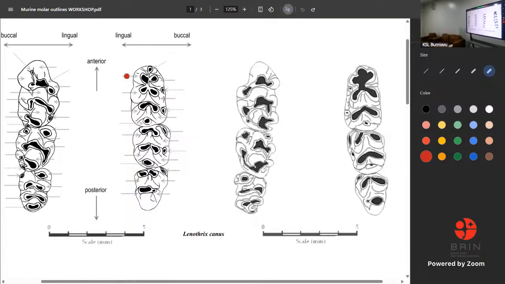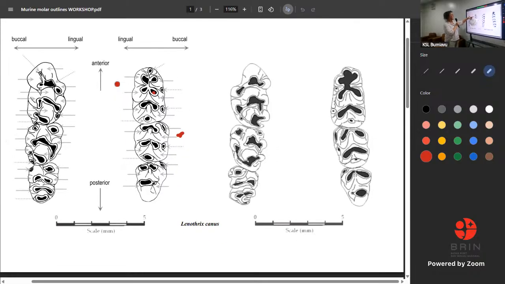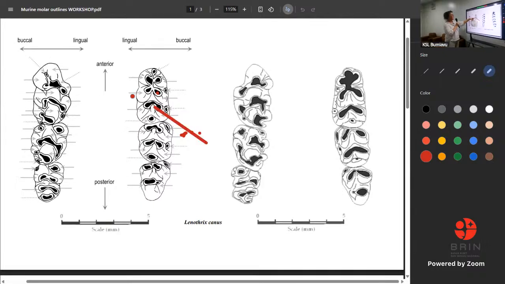Now let's go down to the other cusps on the molar. So this is your MD. This is your PD. This one here is a red stripe. This is your ED, and this is HD, and that sort of repeats up on the side.